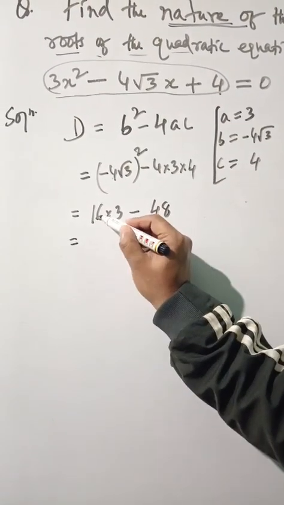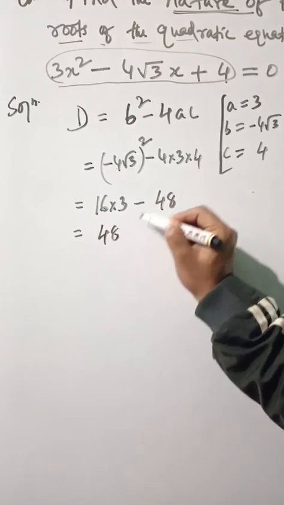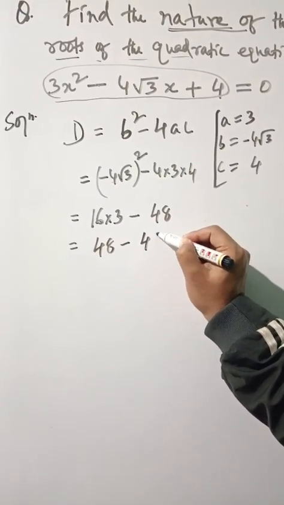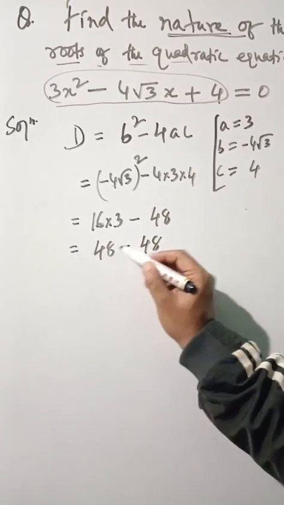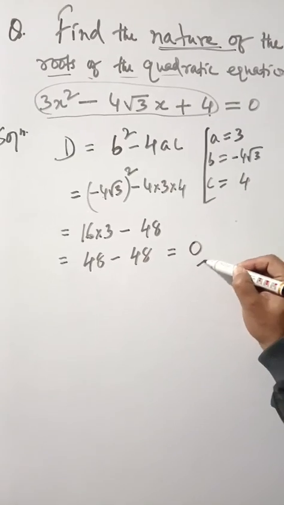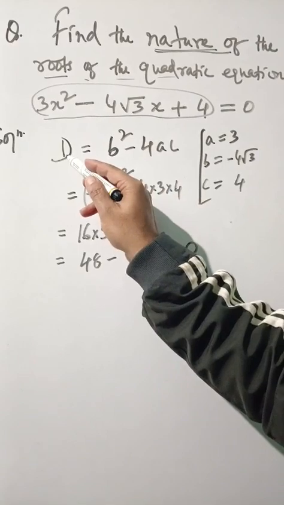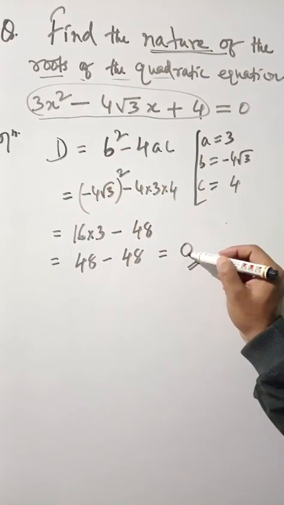Next step, 16 into 3, when we multiply we will get 48. And here also we have minus 48. So 48 minus 48 we got 0. So we got 0 as the answer. That means the value of D, that is discriminant, we got 0.